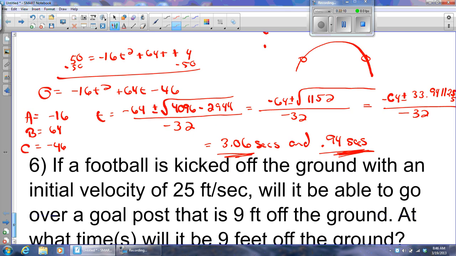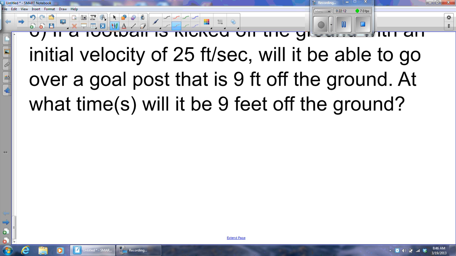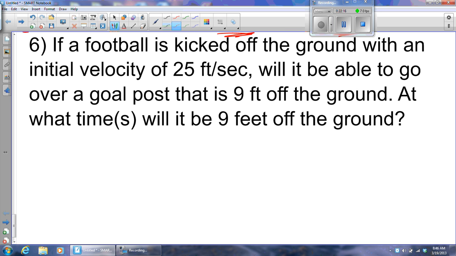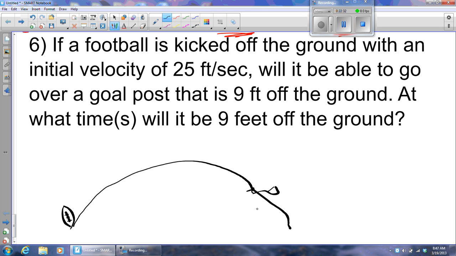All right, one more example. If a football is kicked off the ground with initial velocity of 25 feet per second, will it be able to go over a goalpost that is 9 feet off the ground? Now, you keep asking, do I have to draw the picture? I think the picture helps build the understanding. So here's my football, kicked off the ground, doing something like that. Wait, where's my eraser?